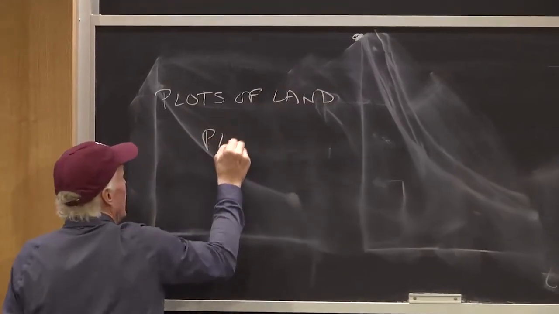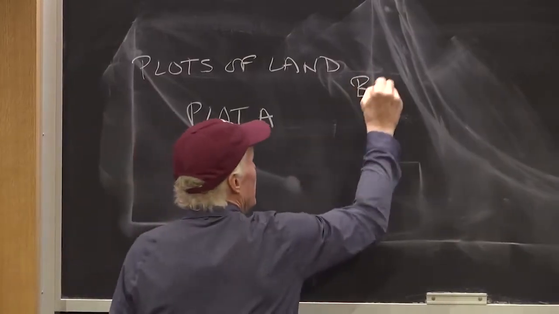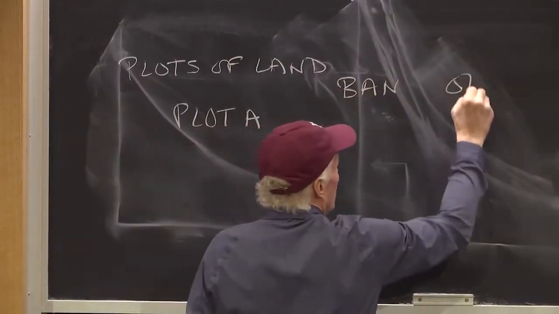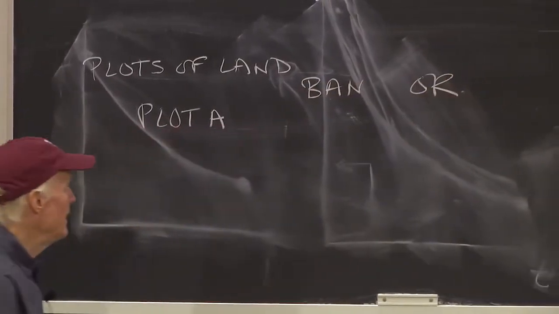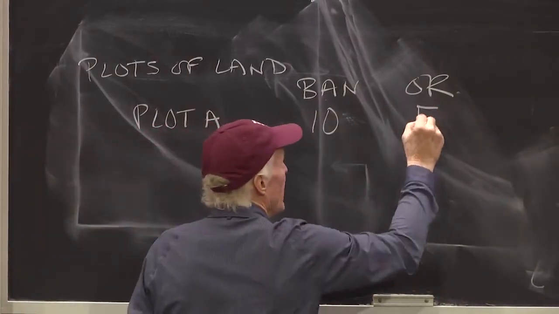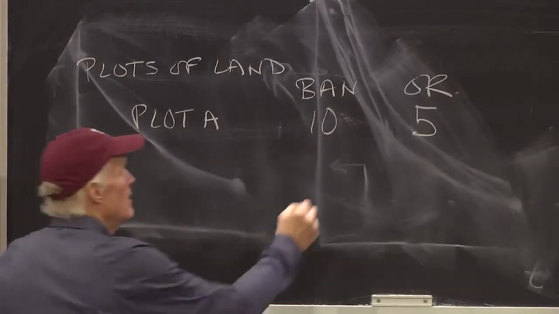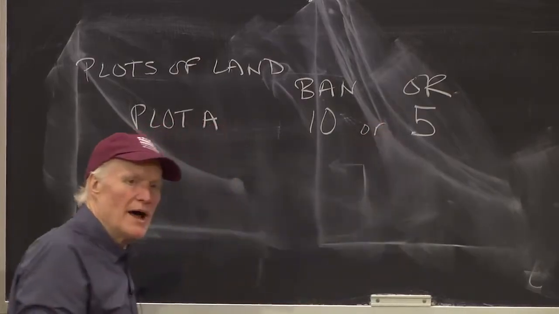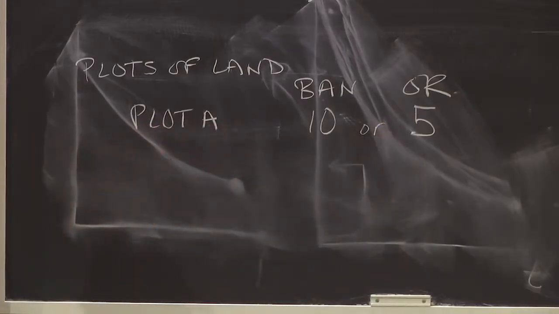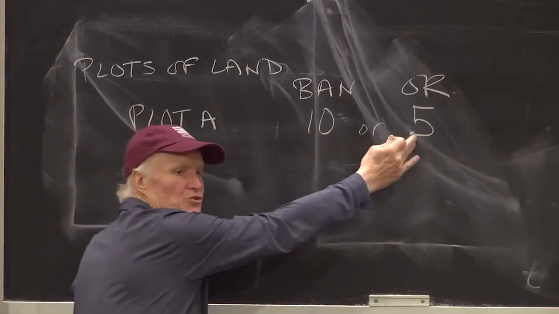He's got plot A, and he can produce two products, bananas and oranges. And on plot A, he can produce 10 bananas or 5 oranges. Okay? Or he can mix the plot. He can use it 50% for each, in which case, if he used it 50-50, he would get 5 and 2.5.